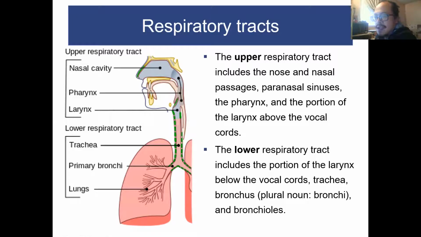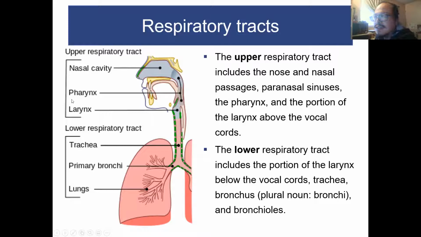These tracts are generally separated into the upper respiratory tract and the lower respiratory tract. So what's the difference? The vocal cord. Here we have the larynx, a place to produce sound. Sometimes students get confused by larynx, pharynx, and here we have the esophagus, right? Especially these two are very similar.